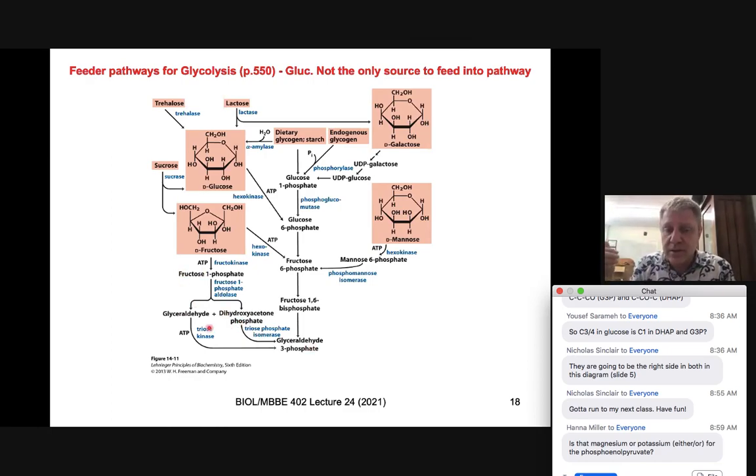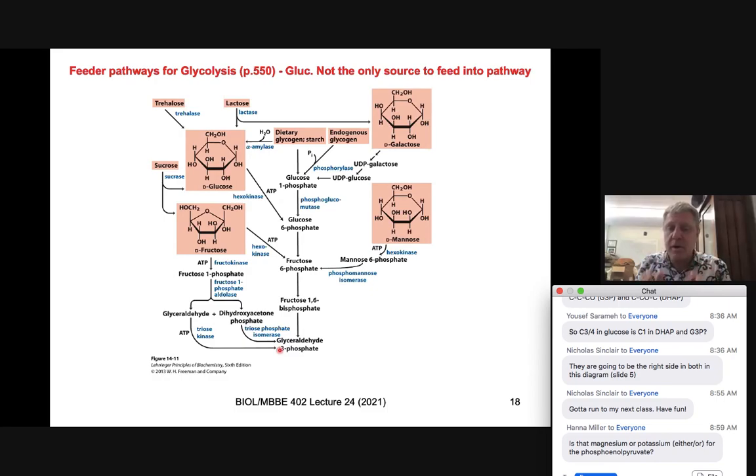But we have the resulting molecule of glyceraldehyde, not labeled. That glyceraldehyde can then be phosphorylated using a triose kinase to produce glyceraldehyde 3-phosphate.